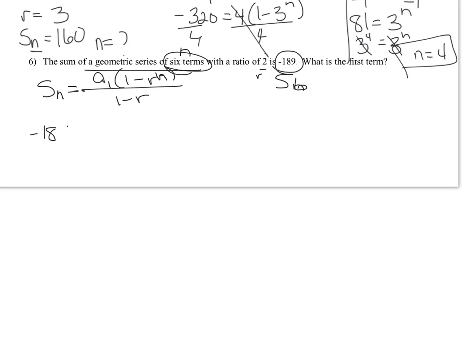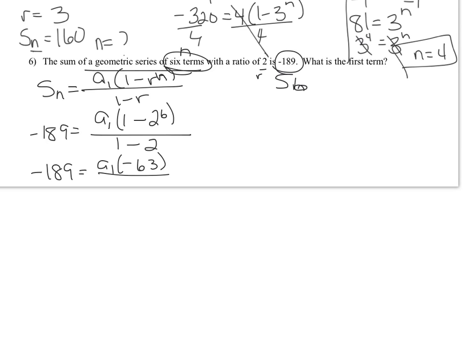Negative 189. What I don't know is a1, so that stays. So it's 1 minus 2 to the 6th divided by 1 minus 2. Solving, negative 189 equals a sub 1 times negative 63 divided by negative 1.